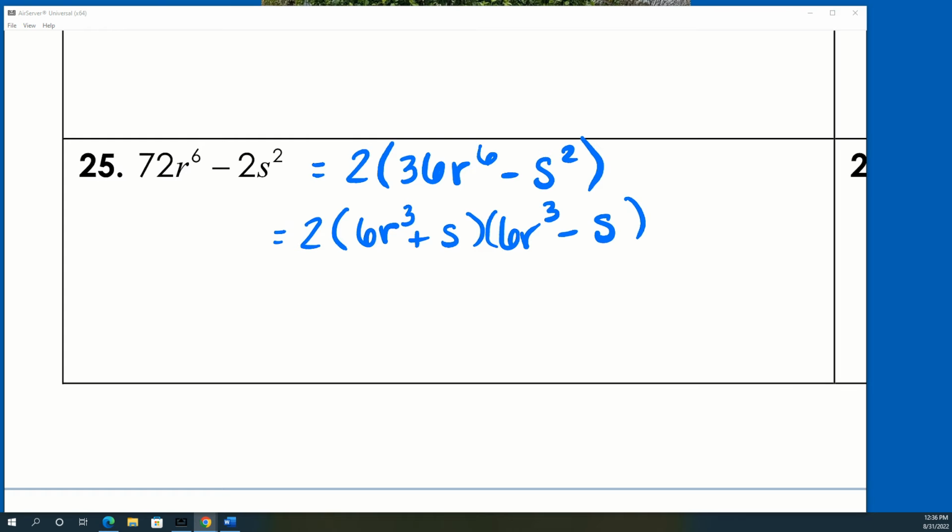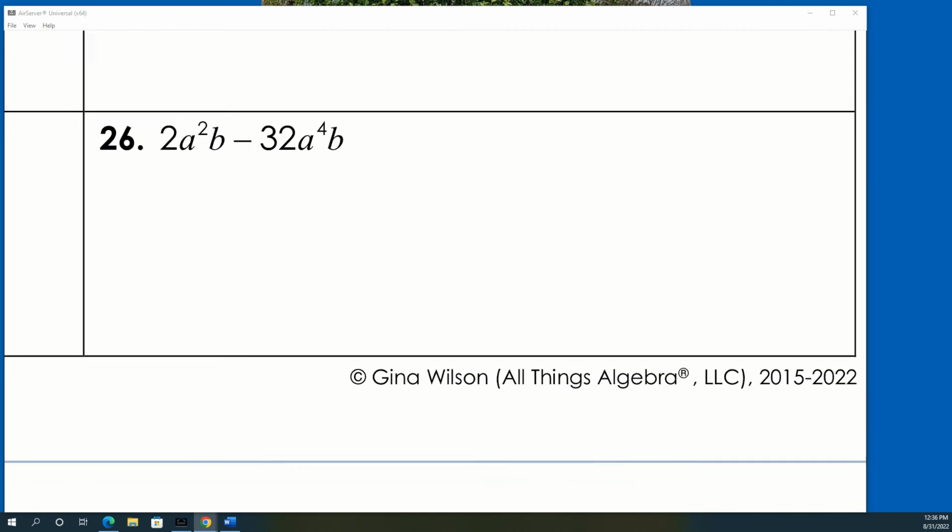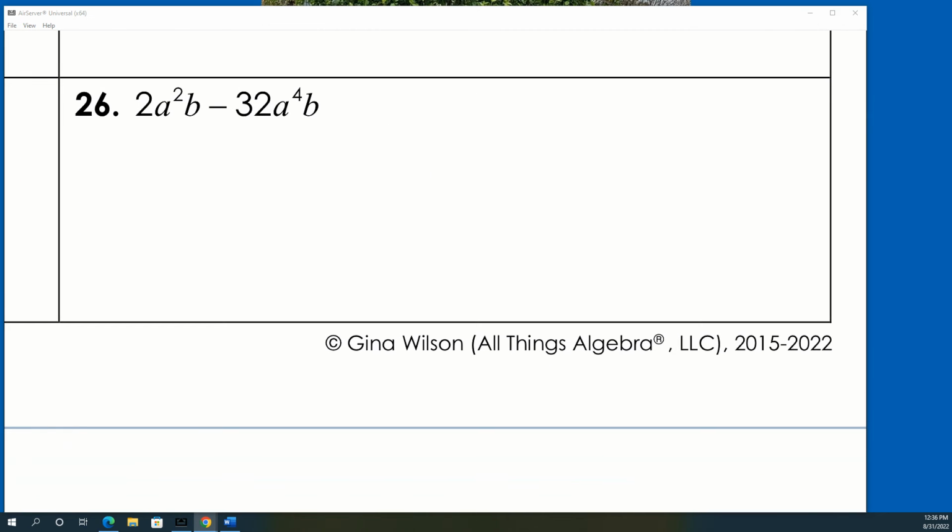Right. Now, this very last one is a good review of factoring out a common factor when there's a bunch of common factors. So between the numbers, it's obviously going to be 2. But what else do they have in common? A's and B's, right?